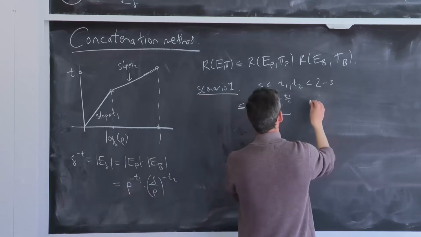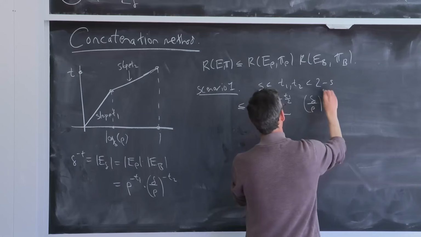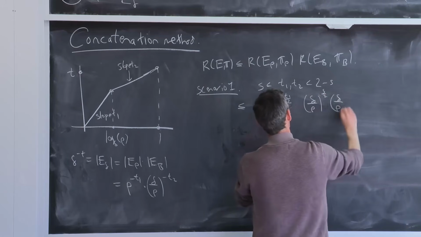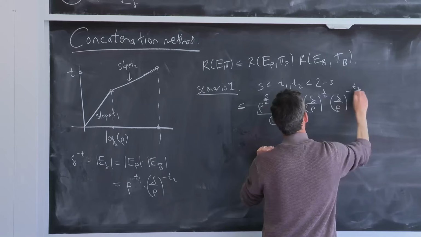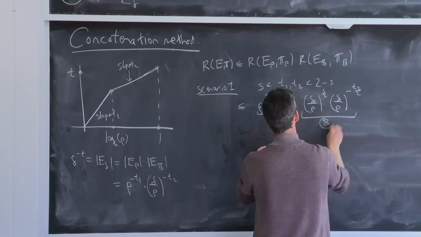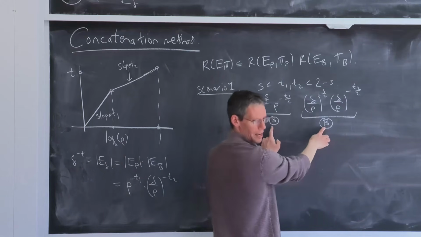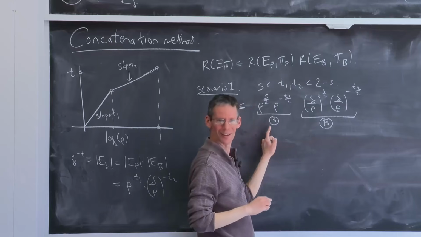And this guy here will give me delta over rho to the s over 2, delta over rho to the minus t2 over 2, because that's option B. This is not B as in ball. This is B as in A, B, and C, the three options.